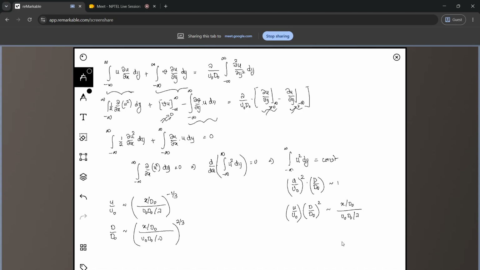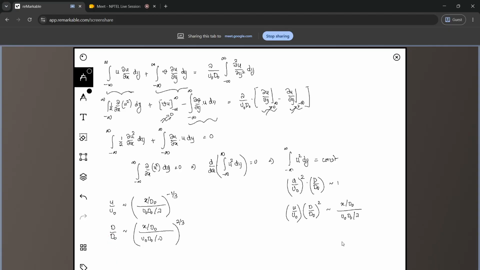So now we know what the scaling is. From this scaling, we can decide what kind of profile to use and how to determine the other stuff. Previously, for example, when we were solving the boundary layer equations, this d by d naught is something like this.